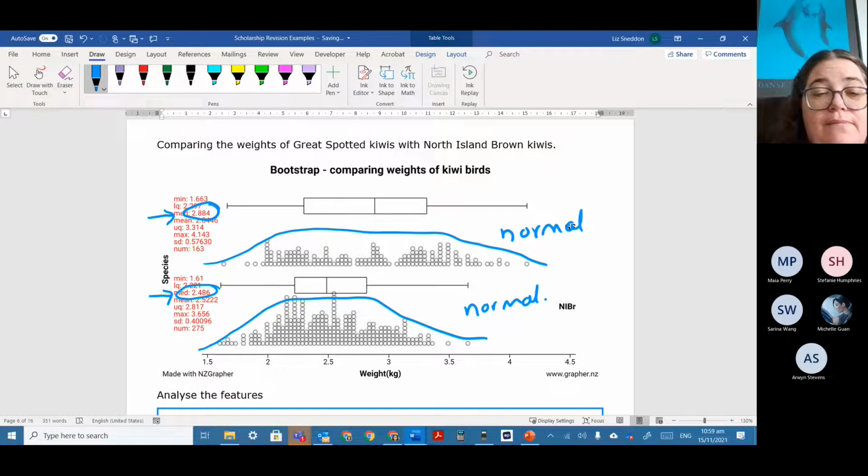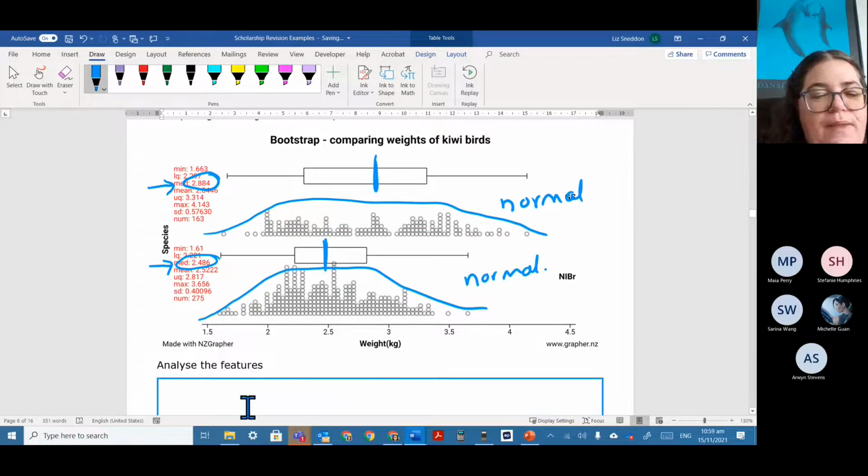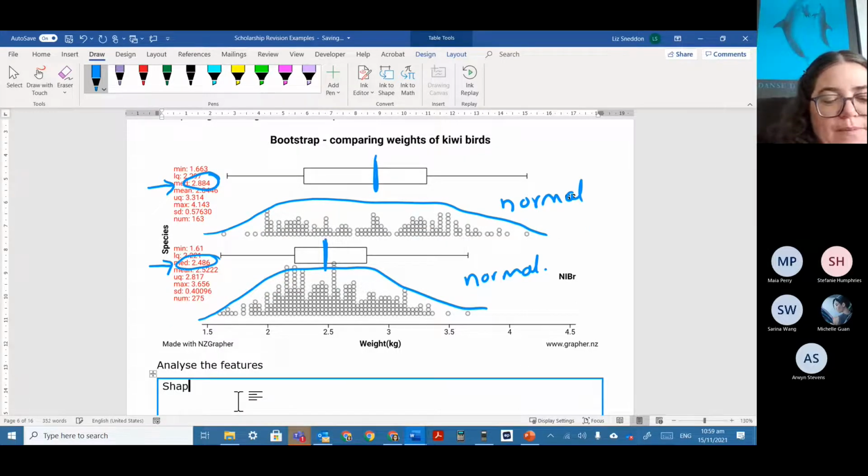Which one is slightly heavier? Great spotted. Yep, absolutely. And we'll find that difference between them. So in terms of my shape, I just want a very quick note there.